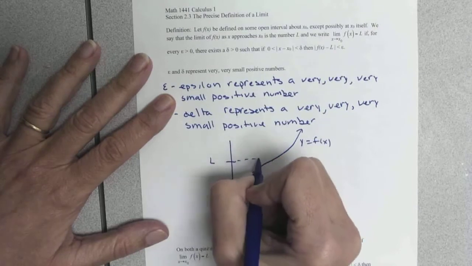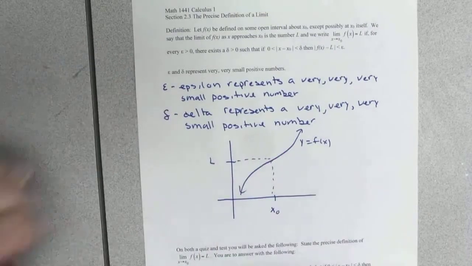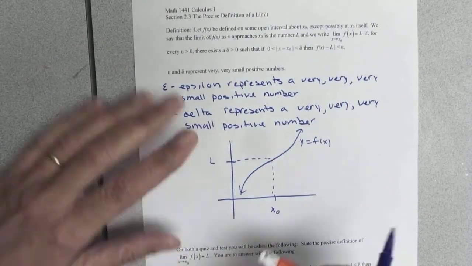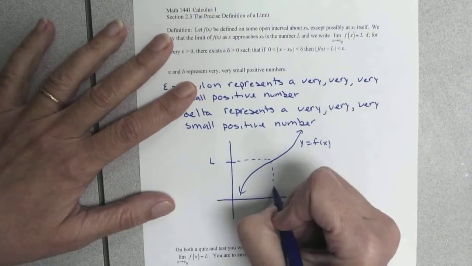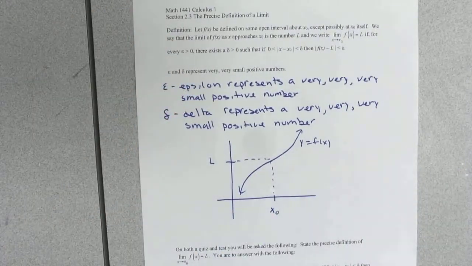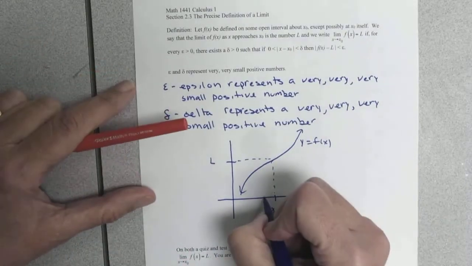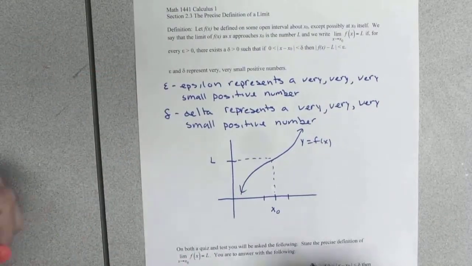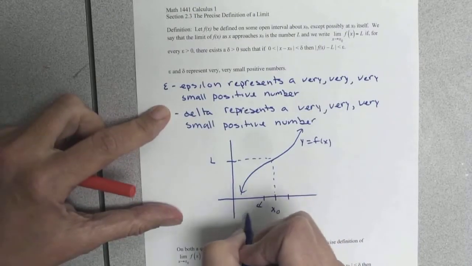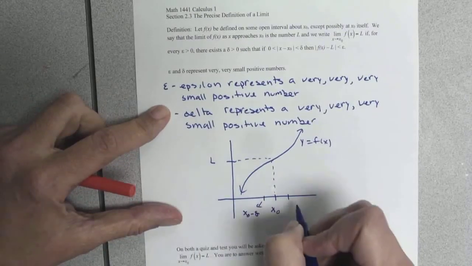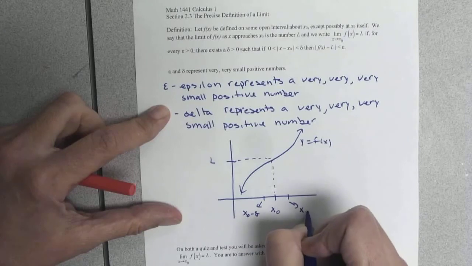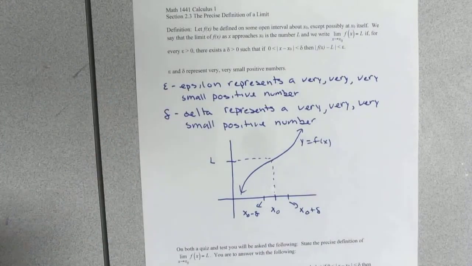That's not important. Then, delta. Delta is a distance on either side of x naught. So this over here would be x naught minus delta, and that over there would be x naught plus delta.